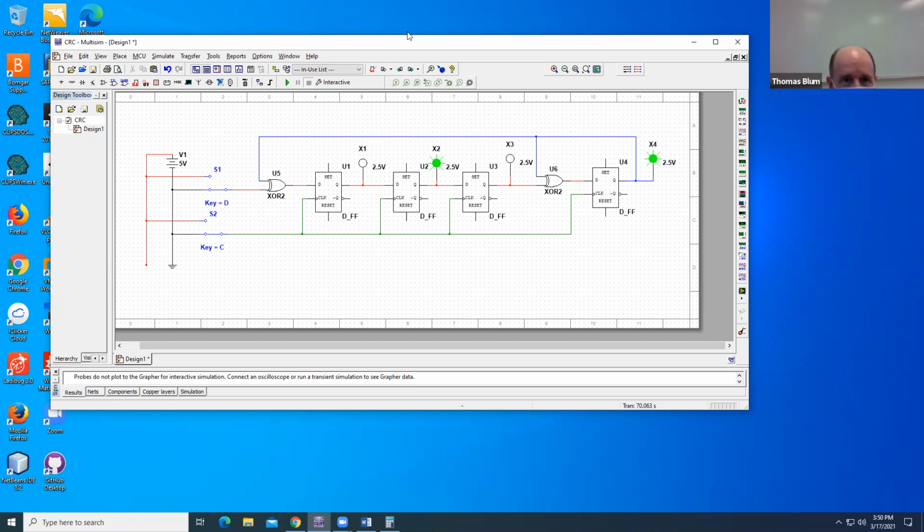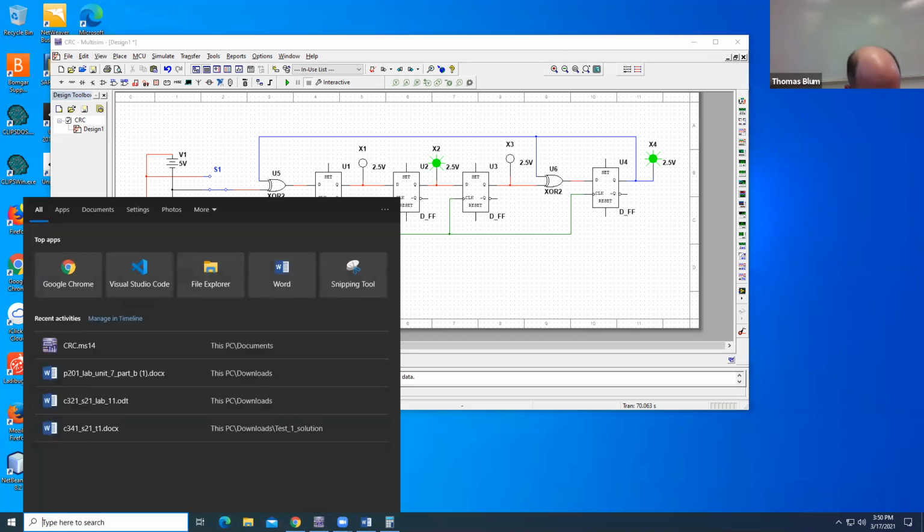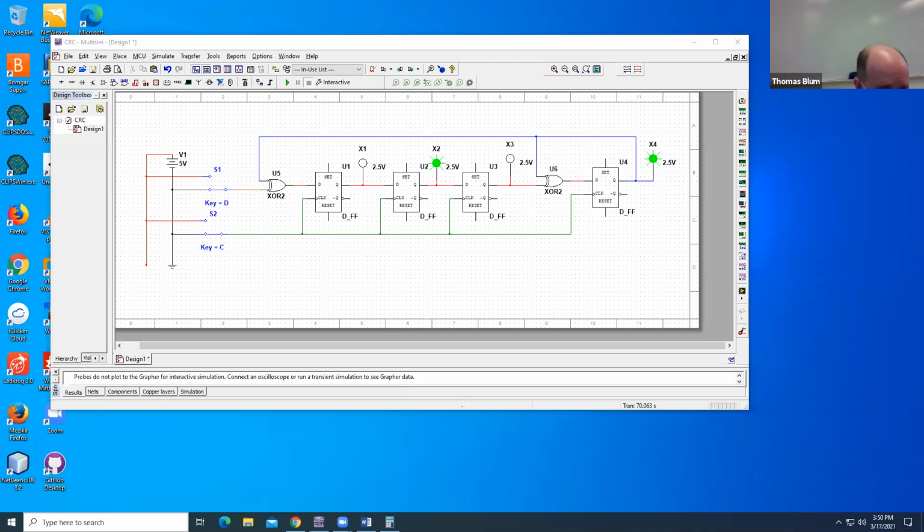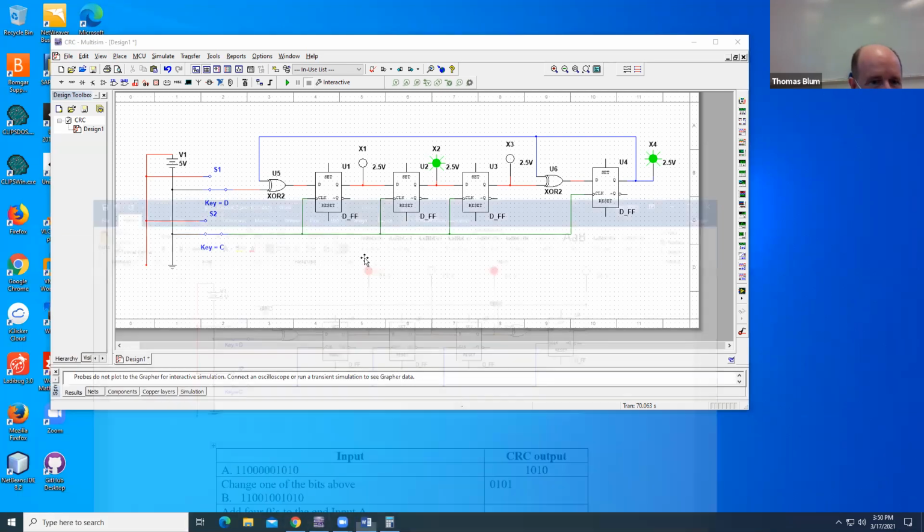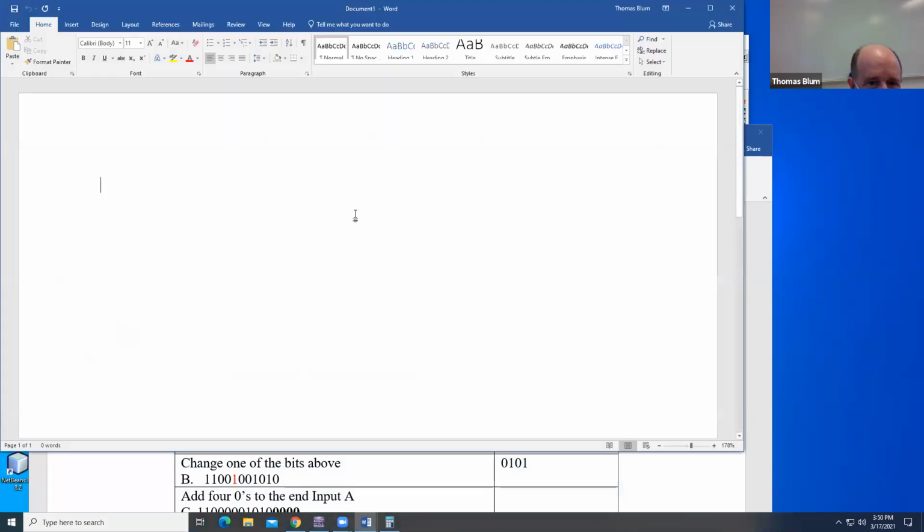Okay, so let me do my crazy Word document kind of approach here. I already have a Word document. Let me just make a new one. Okay.